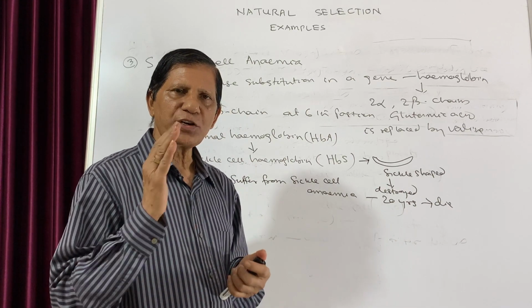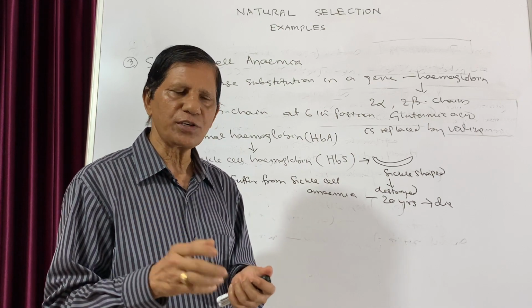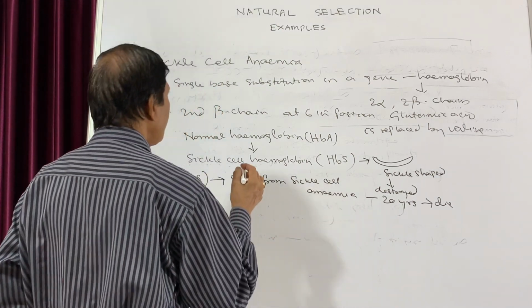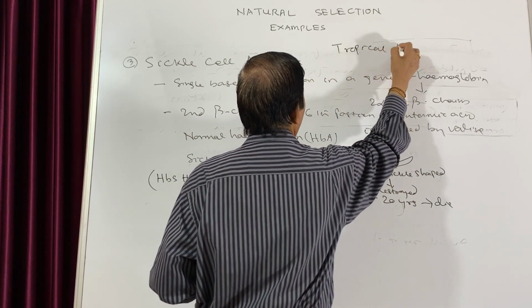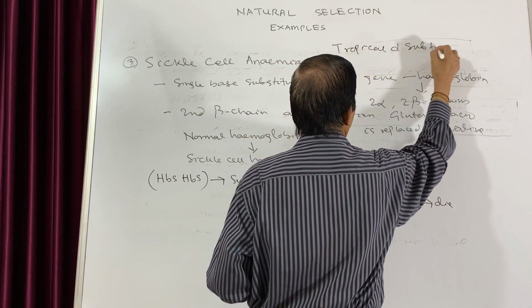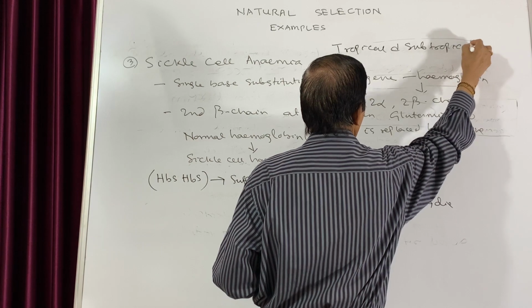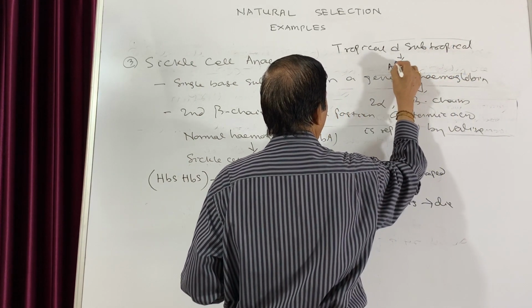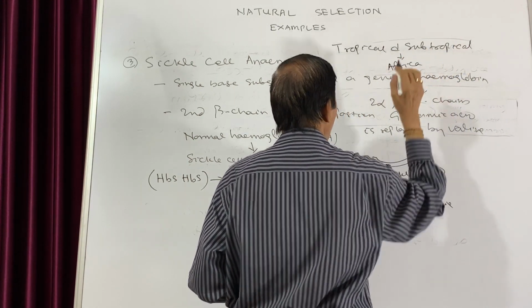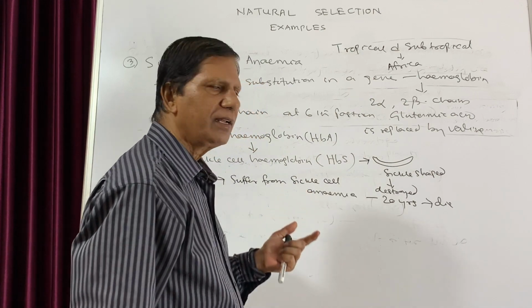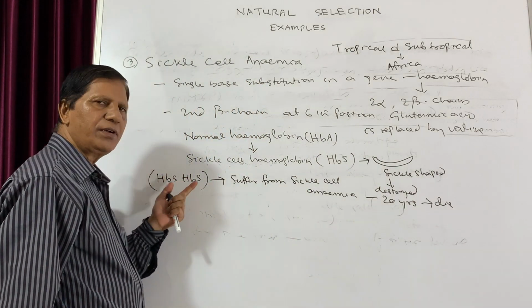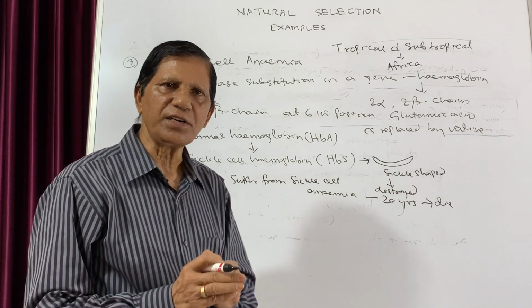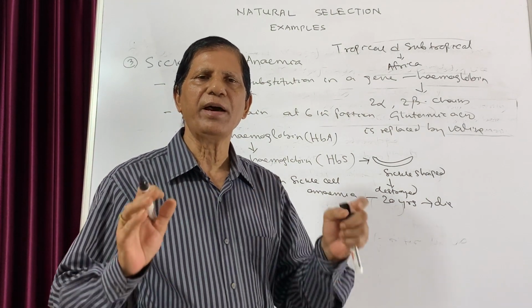Usually, in the tropical and subtropical areas of Africa, what happens? Usually this normal, homozygous, heterozygous, all these conditions are prevalent.